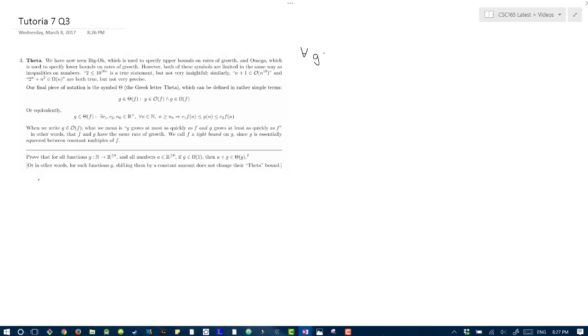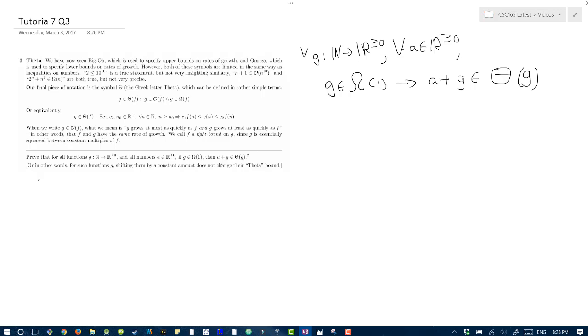For every function g that maps from n to a real number that's larger than or equal to 0, and for all numbers a, a real number larger than or equal to 0, if, so I'll just write this here, then a plus g is within the theta of g. Okay, so let's prove this here.